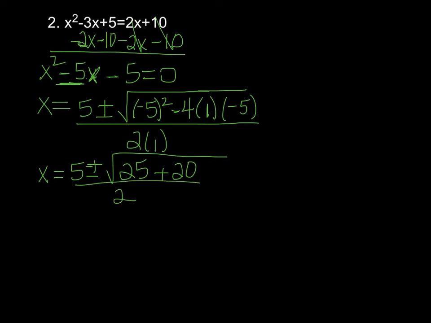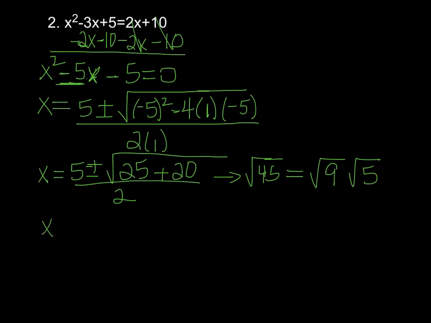All right, so underneath the radical here, if you look, we have 45. Remember that 45 can be broken down. So we can break that down to two numbers that multiply to 45, where one of them is a perfect square, and there we go. So 9 and 5.